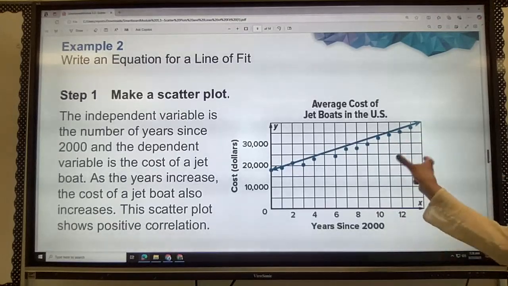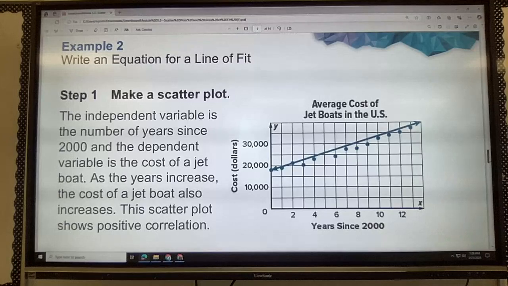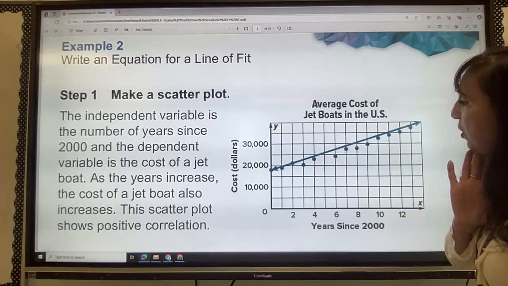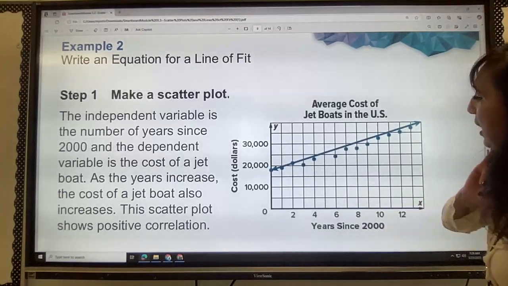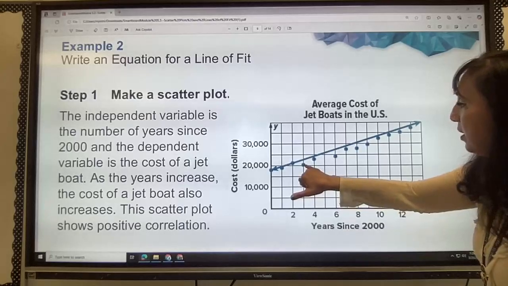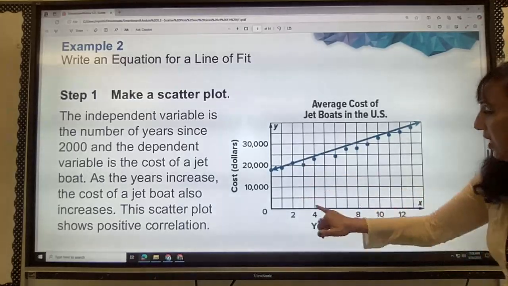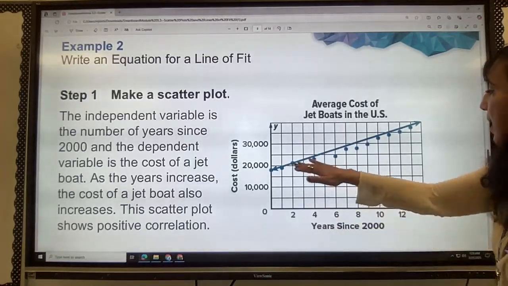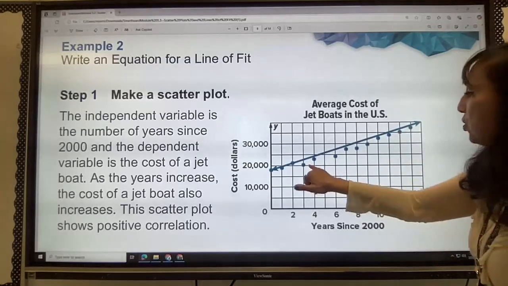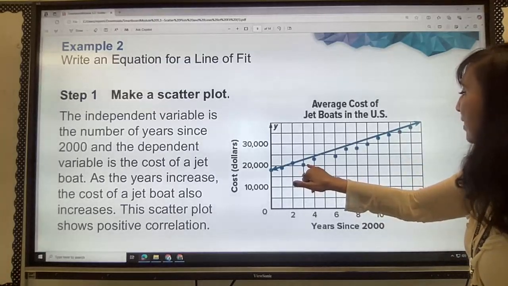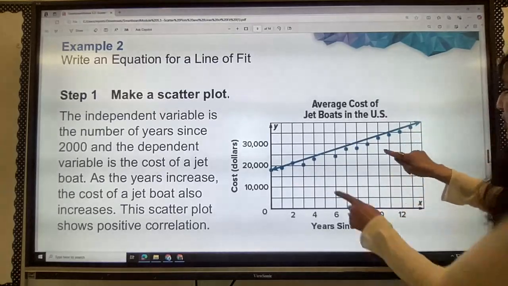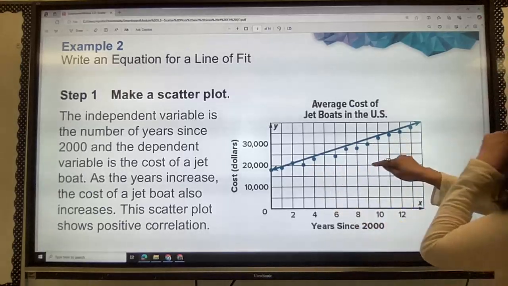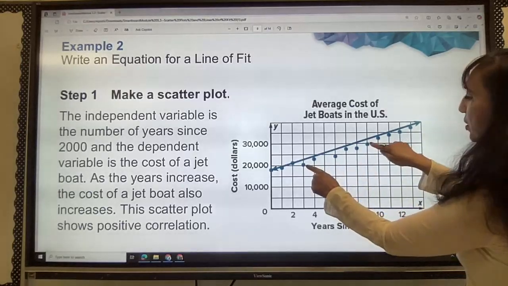Okay, so I'm going to take these 2 values over here to create. Very often, actually, a really good thing to do would be that if it's falling exactly like this, this would be a good one to take, 3 and 20,000. Okay, but right now we've drawn the line like this, but it's good to have it at the intersection. And then we can take another one, but this is slightly lower than the line, and that's the reason I am not taking it. But otherwise, this would be a good one to take to compare.